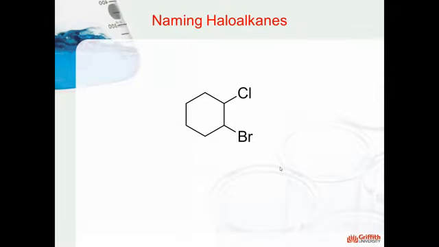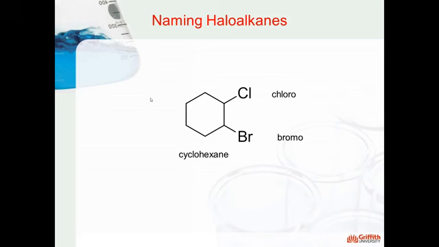This is a haloalkane, and the halogens are the lowest priority, so this is going to get named as a cycloalkane. There are 6 carbons in that ring, so it's going to be named as cyclohexane, and then we've got a chloro and a bromo coming off the cyclohexane.